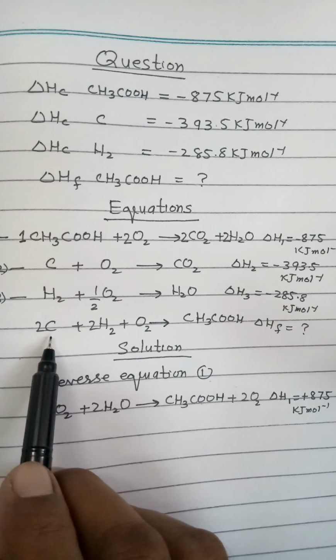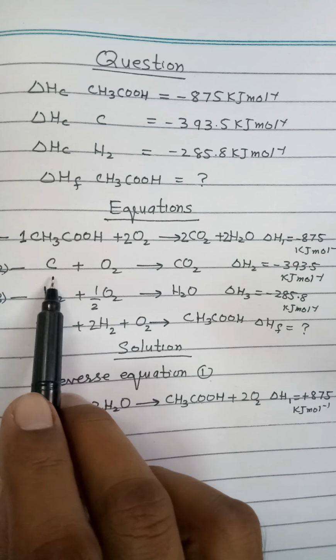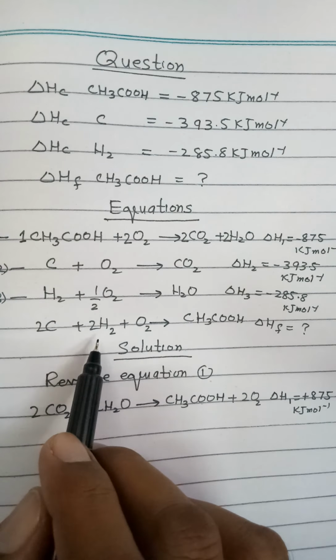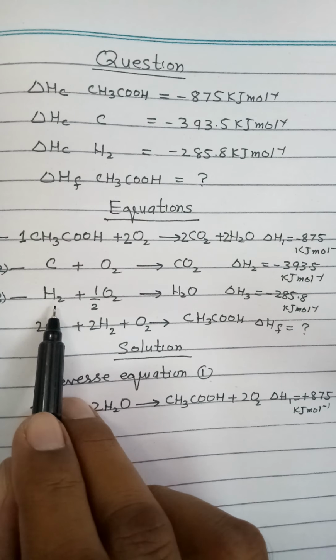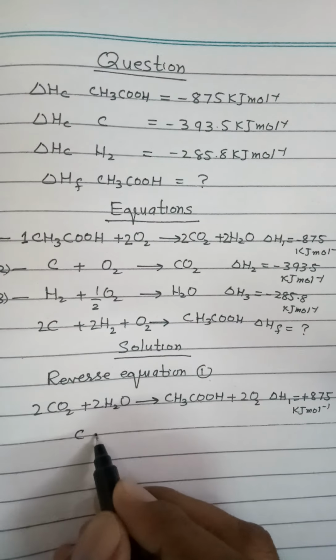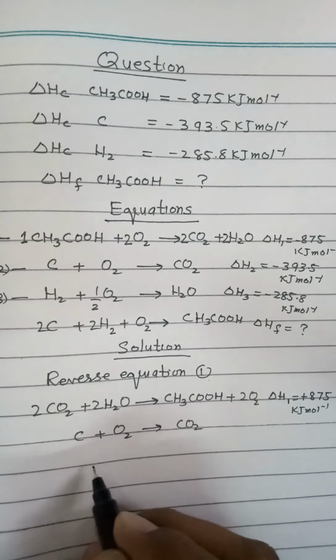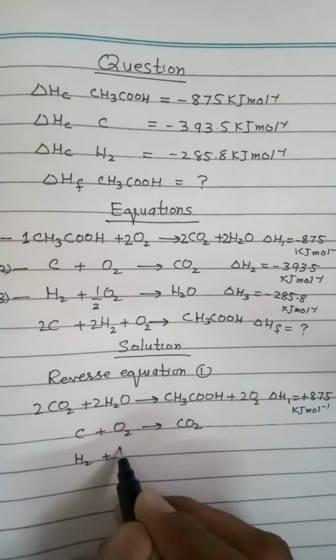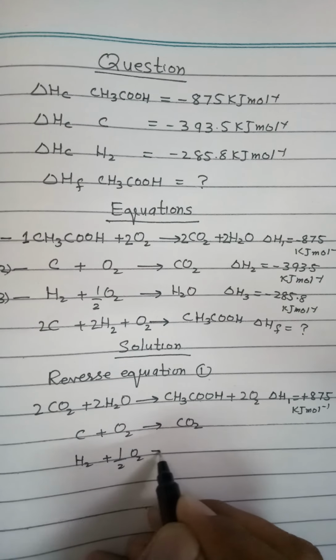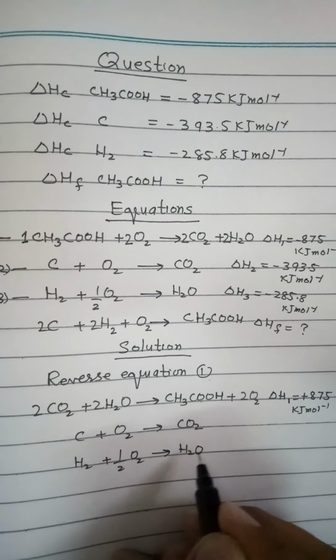Remaining in the required equation, carbon is on the reactant side. In the given equation, it is also on the reactant side, so this equation will remain as such. Hydrogen is on the reactant side. In the given equation, that is also on the reactant side, so this will also remain as such. And its heat values will also remain as such.